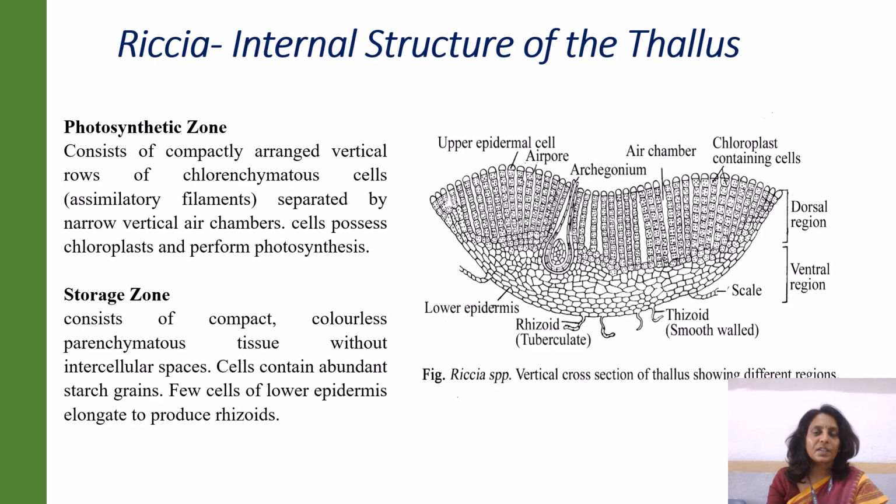These chlorenchymatous cells contain chloroplasts and hence are involved in photosynthesis. The storage region lies below the photosynthetic zone, made up of compactly arranged parenchyma cells filled with starch grains. A few cells of the lower epidermis of the storage region produce rhizoids.